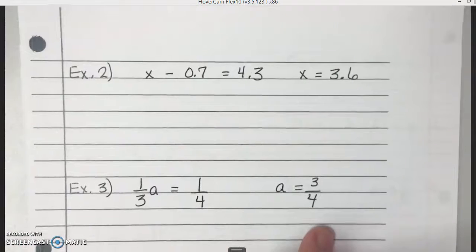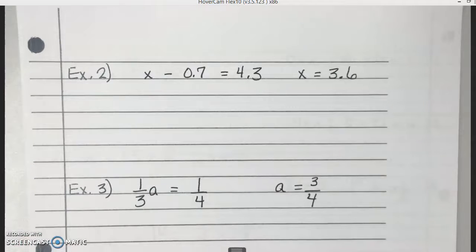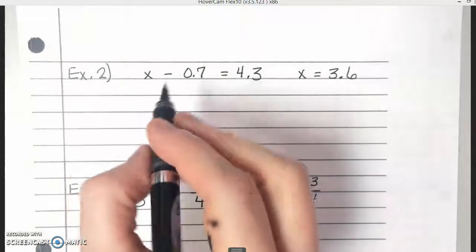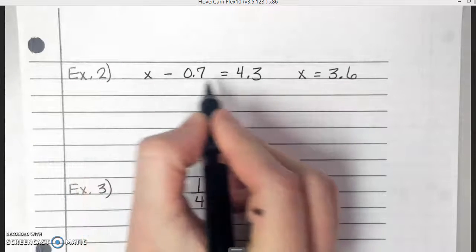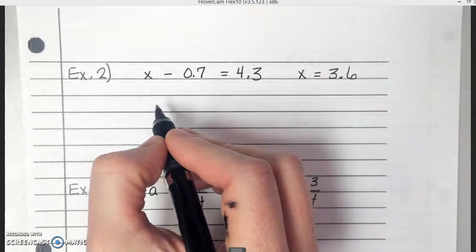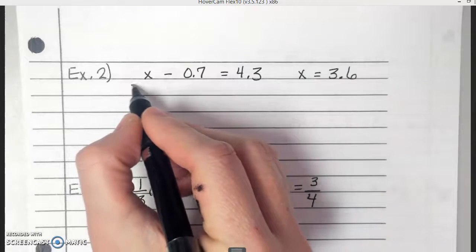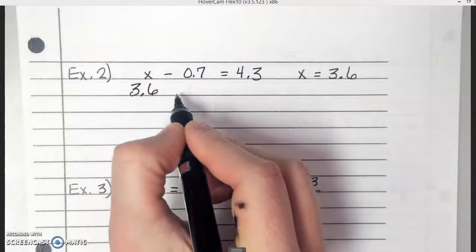Alright, so for example 2, we have x minus 7/10 equals 4 3/10. And we're going to replace x with 3 6/10. So right here, after you write the example down, go ahead and rewrite it with 3 6/10 for x.